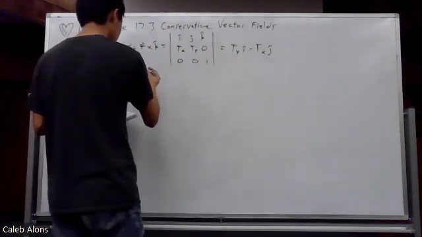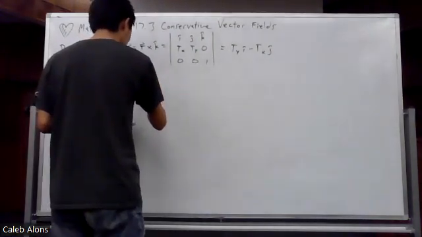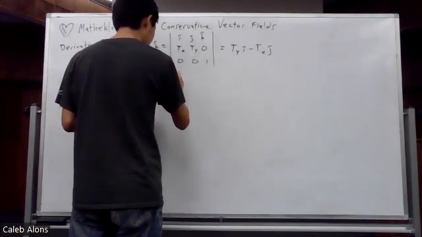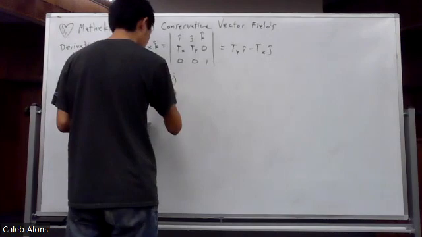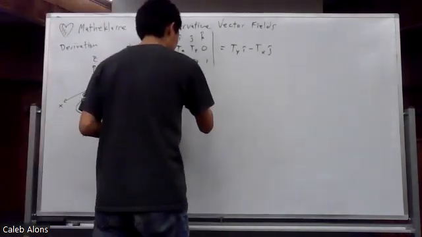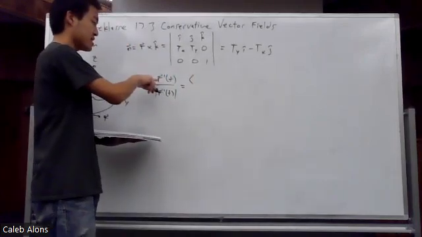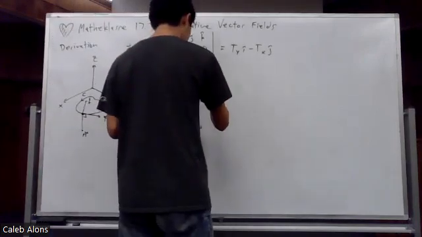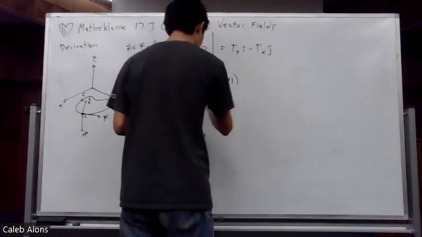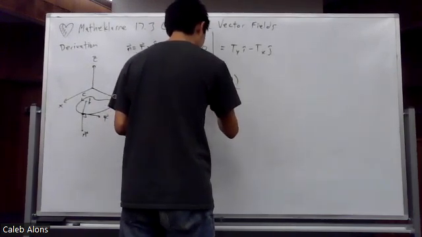And here, if we recall that the unit tangent vector is r prime of t over the magnitude of r prime of t, then if r is given by x of t and y of t, this will just be x prime of t, y prime of t over the magnitude r prime of t.